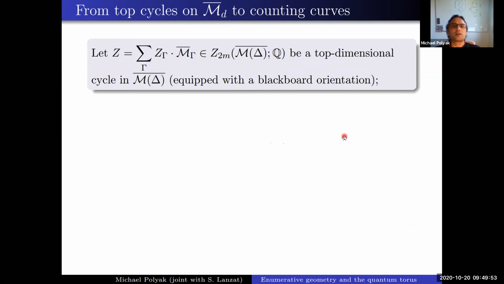So now let me explain how you can construct some invariant counts. And invariant counts correspond to cycles, to top dimensional cycles in this moduli space. So I look at the top dimensional cycle, forget about this orientation, doesn't matter. I take a top dimensional cycle, so it looks like the sum over certain combinatorial types, these combinatorial types with some coefficients.